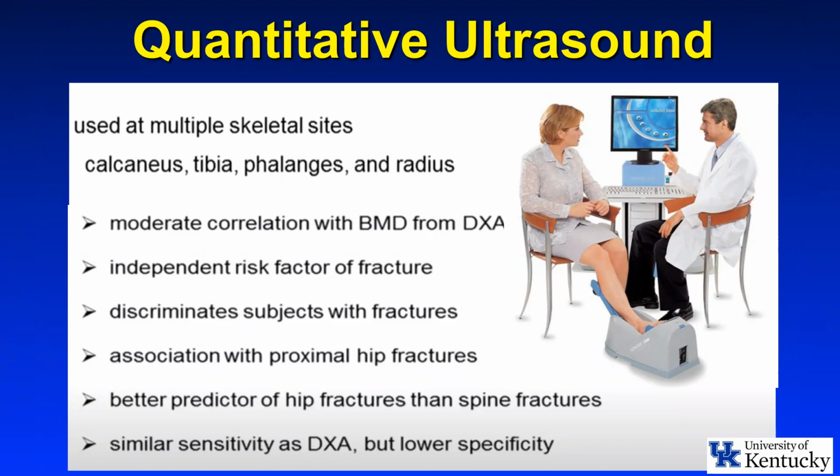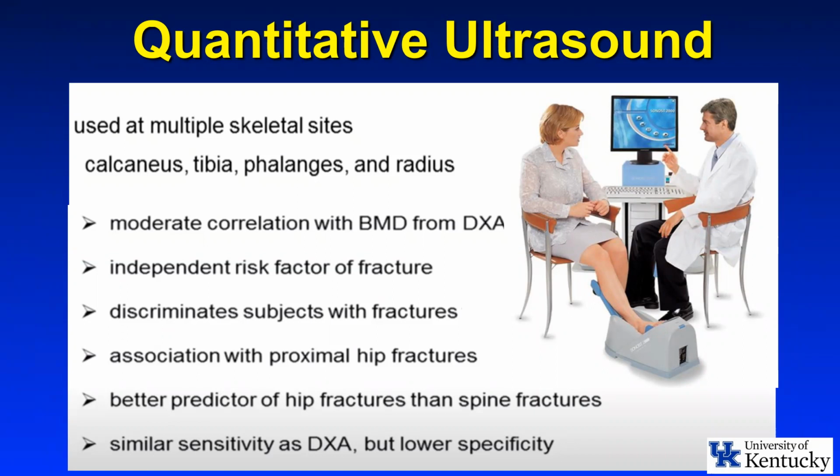Let's move to other diagnostic tools. We have the QUS, the quantitative ultrasound. Of course, there is no radiation involved with this ultrasound, and it's usually done for the calcaneum, but you can also do it for the tibia and for the hand. It has moderate correlation with the DEXA measurements, and it's an independent risk factor for fracture.